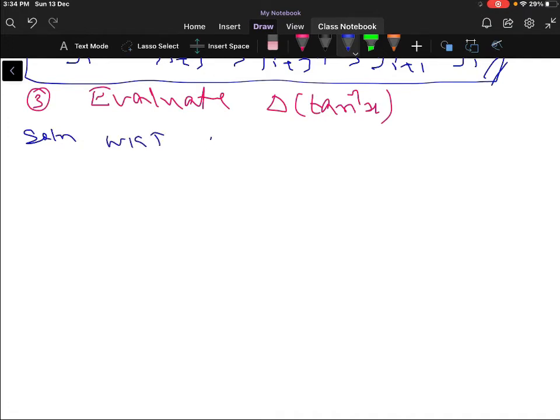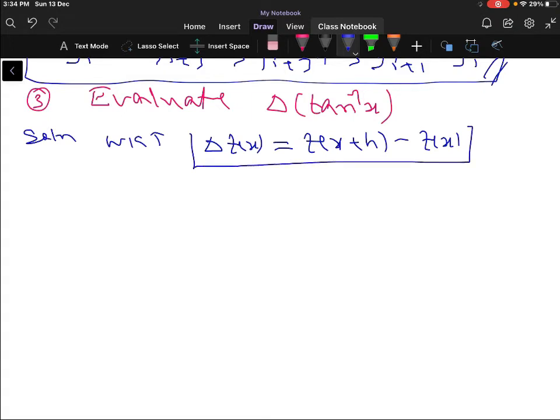We know that delta of f of x is equal to f of x plus h minus f of x. This is the general definition of the first forward difference of the function f of x. But here f of x equals tan inverse of x.